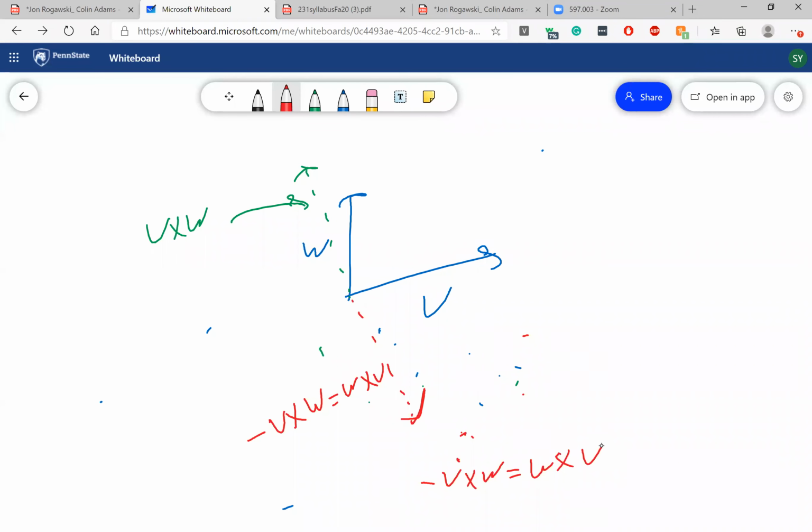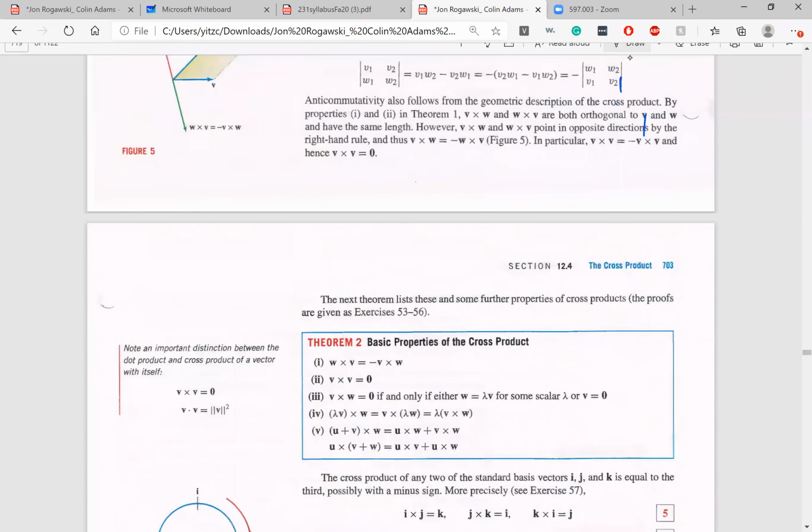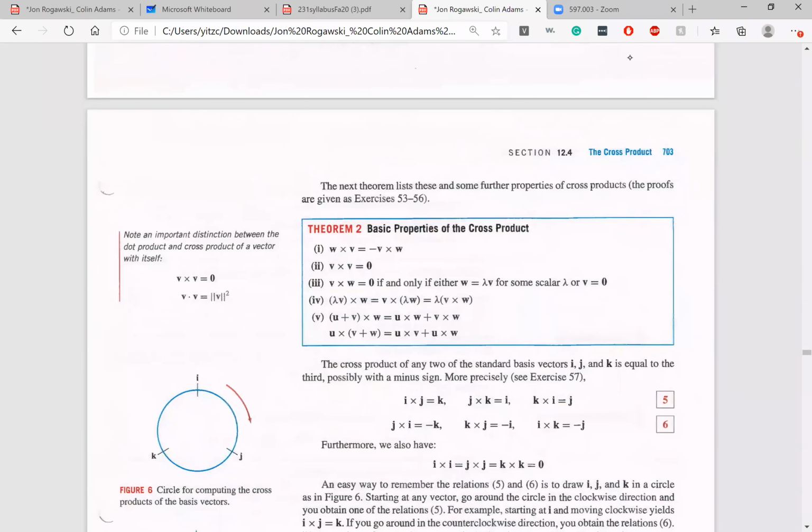Okay, this is a good way of looking at it. So, like we said, W cross V is equal to negative V cross W. V cross V is equal to 0.